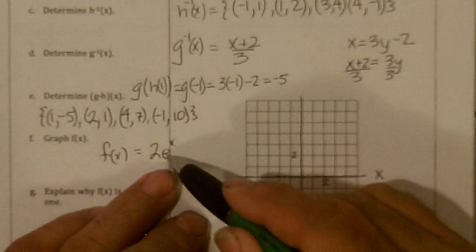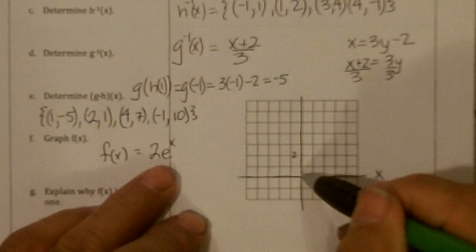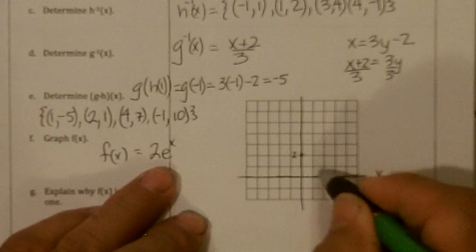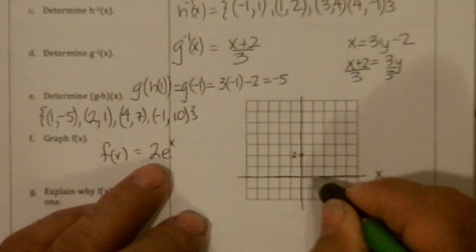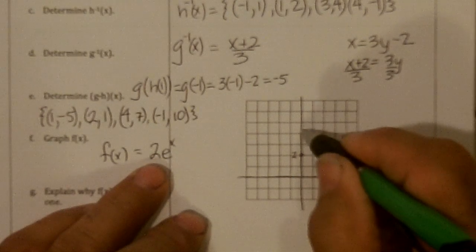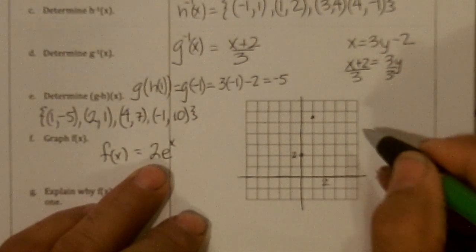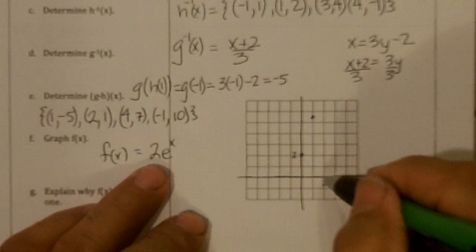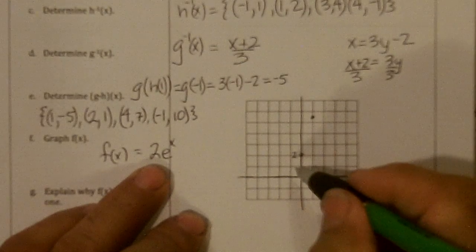So e to the 0 is 1 times 2 is 2. E to the 1 is e, 2.7, times 2 is 5.4-ish. And e to the second is going to be off the page.